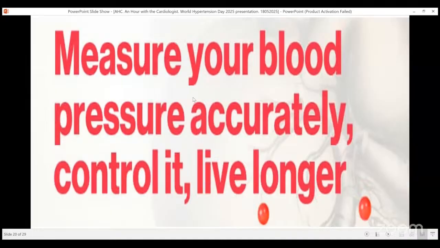Because when you control your blood pressure, it will impact on your overall health, your cardiovascular health. All right, it will impact greatly on the quality of life, because it will reduce the chances of coming down with complications and all the rest.